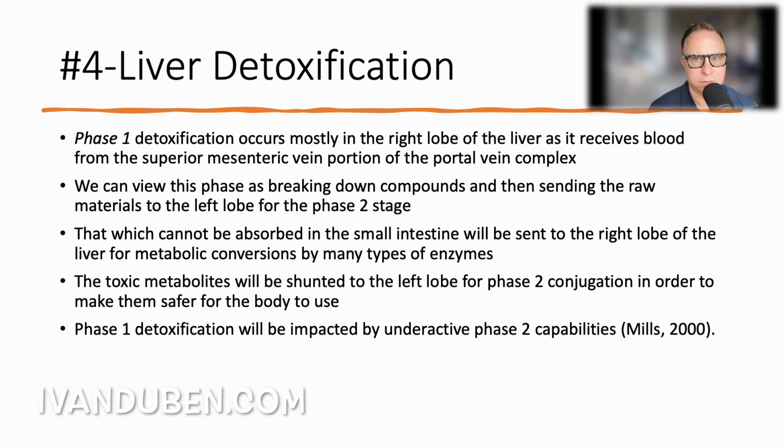As I discussed earlier, the left lobe of the liver is positioned to influence the thoracic duct as it sits next to the abdominal aorta. So it's a critical piece.